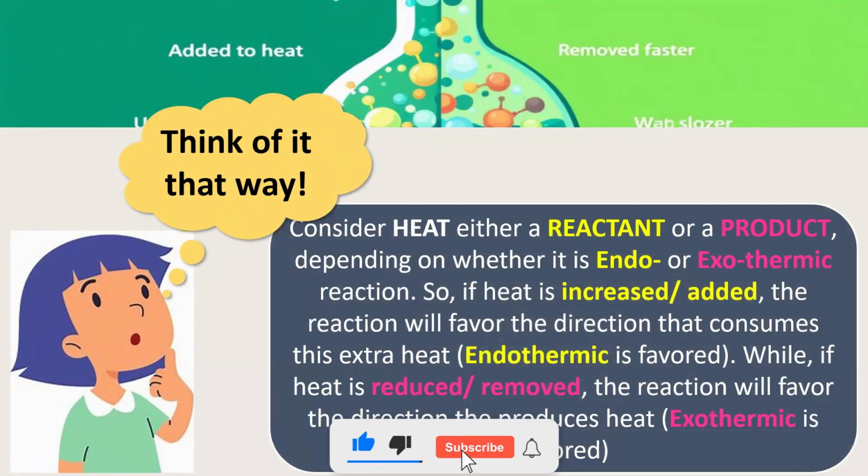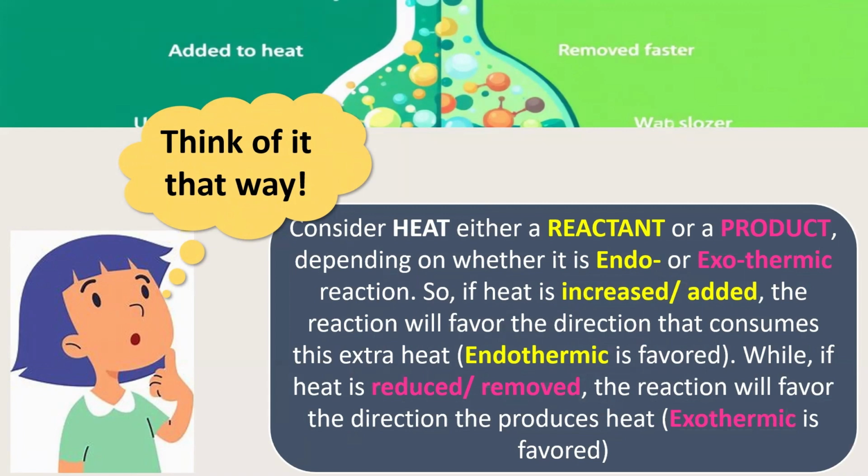First, when you know whether your reaction is endothermic or exothermic, you can estimate whether heat is one of the reactants or one of the products. And depending on that, if the heat is increased or added, the reaction will favor the direction that consumes this extra heat. What is the type of reaction that consumes heat? The endothermic direction.